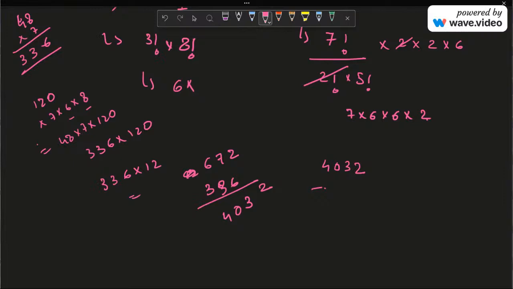The answer of this question is in lakhs. Let me think about this again. Okay, 40320. Still it is 4 lakhs.